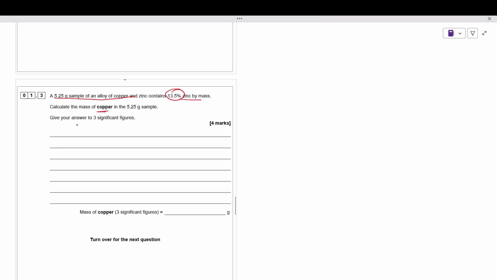So the first thing we need to know is that percentage is represented out of 100. So if this alloy contains zinc and it also contains copper, and zinc makes up 13.5%, it means that copper is going to be making up the remaining of that 100%.